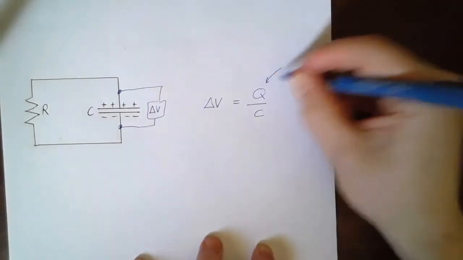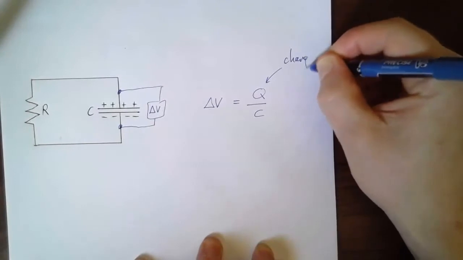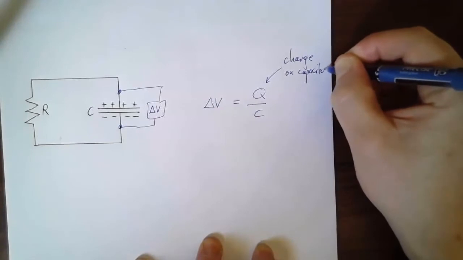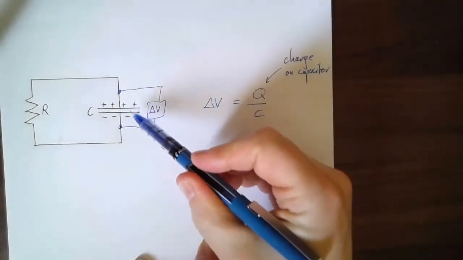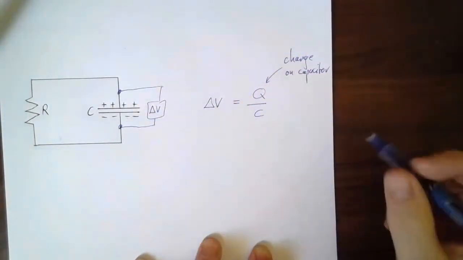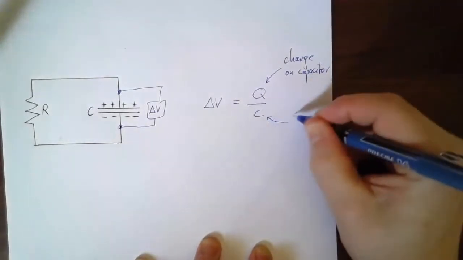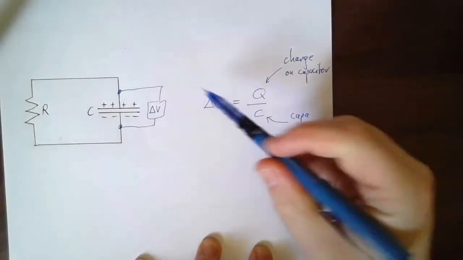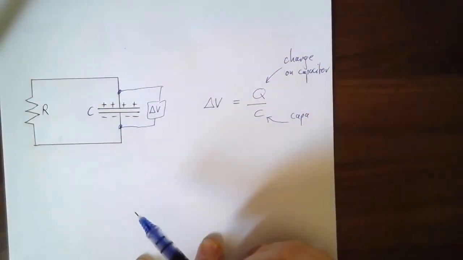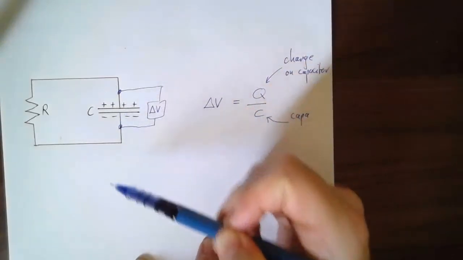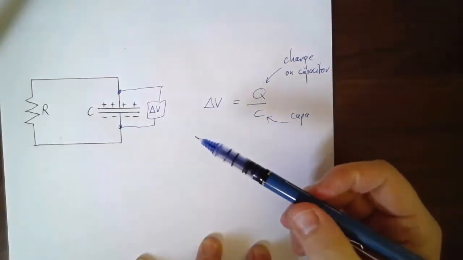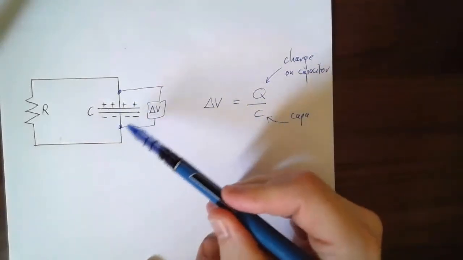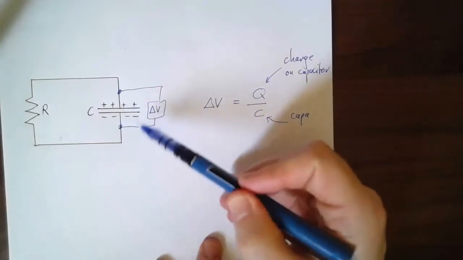Let's just label it. Q is the charge on the capacitor. I mean how much positive charge is on the positive side, how much negative charge is on the negative side. And C is the capacitance, and hopefully remember that the capacitance just depends on the geometry, essentially, of your capacitor. How big are the plates? How close are they together? If it's a parallel plate capacitor, or some other setup, it depends on the size of your spheres, radii of your cylinders, or however you're planning to build your capacitor.